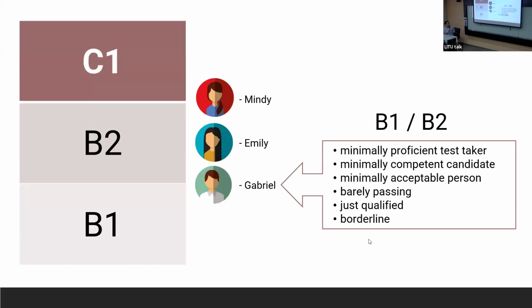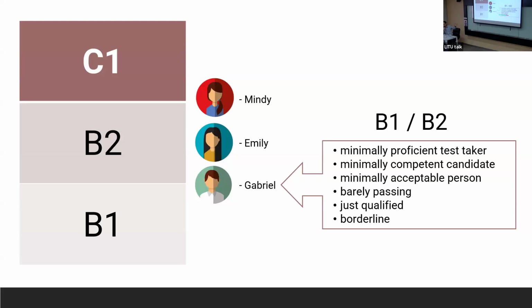So this is what they usually do. Let's say we have Mindy, Emily, and Gabriel here. And let's say Gabriel is borderline B1 and B2. The same words describe Gabriel: minimally proficient B2 test taker, minimally competent B2 candidate, minimally acceptable, barely passing B2, just qualified B2, borderline, right?